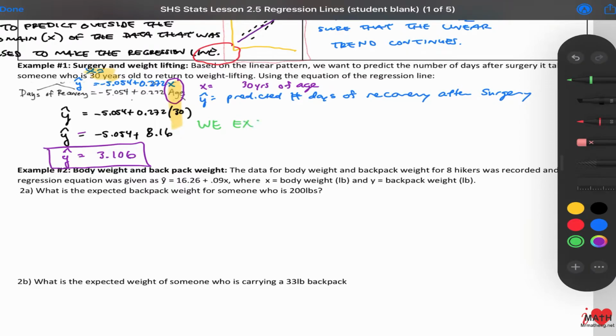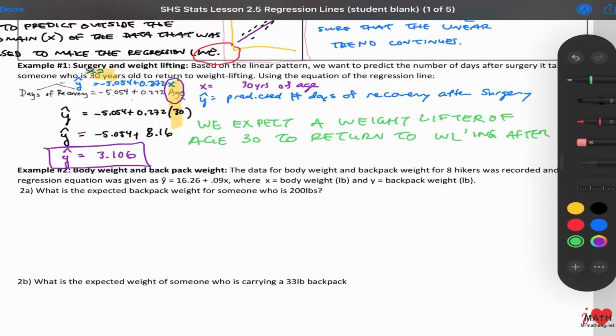We expect a weightlifter of age 30 to return to, remember, don't abbreviate on your quizzes or tests, weightlifting after shoulder surgery, which I've had before, in about 3.1 days.